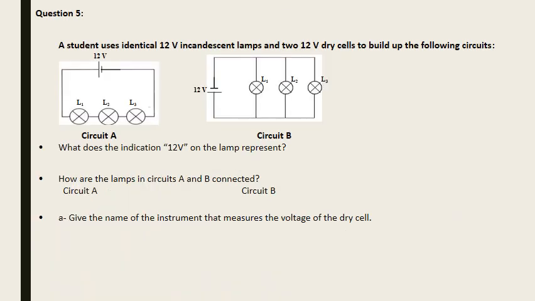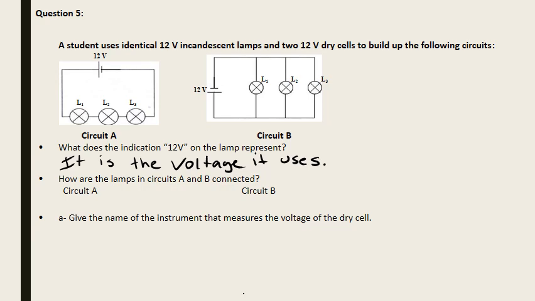Question 5 says a student uses identical 12 volts incandescent lamps and two 12 volts dry cells to build up the following circuits. What does the 12 volts on the lamp represent? So it is the voltage it uses. Okay.